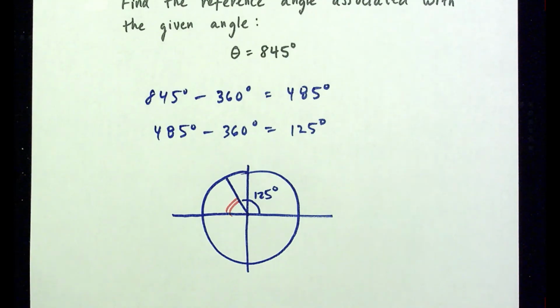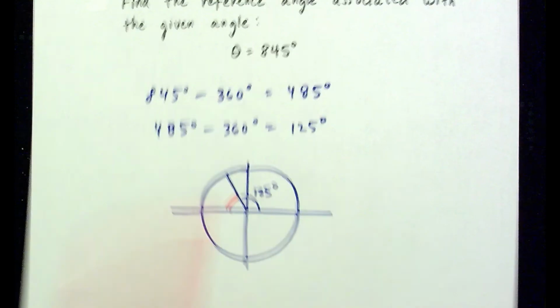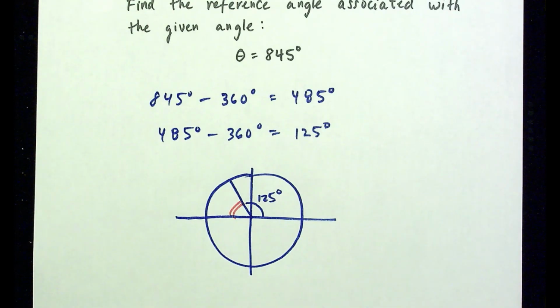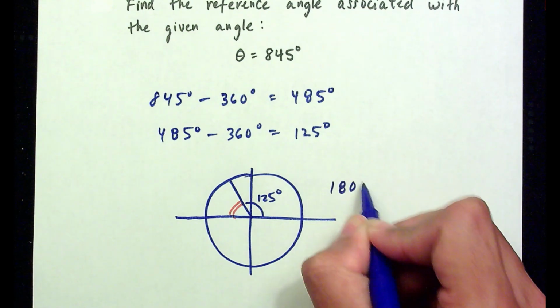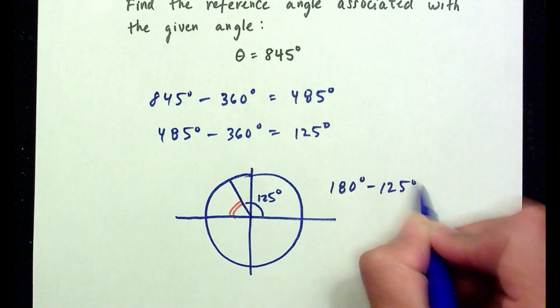So that means, in our case, the reference angle is not the blue one, it is the red one. It is this one right here. The question is, what's that? So this is almost 180. If I completed this by adding this piece, I would get 180. So the missing bit, this one, is 180 minus 125.